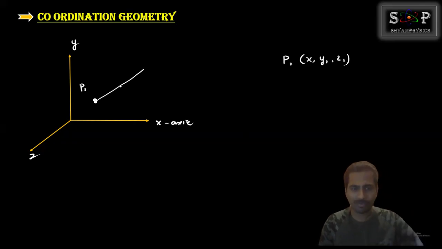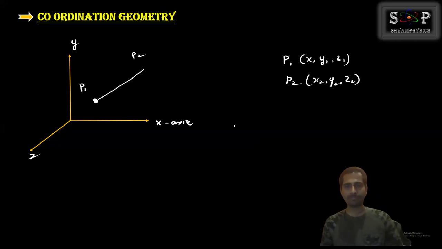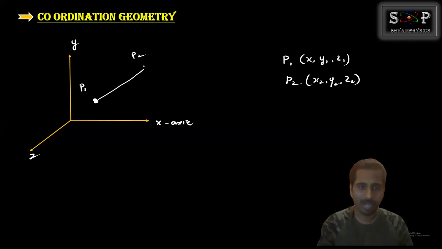The object is moved from one point to another point. I'm going from P1 to P2. P2 positions are X2, Y2, Z2. Now I want to know the distance traveled from P1 to P2. I want to calculate the distance D.